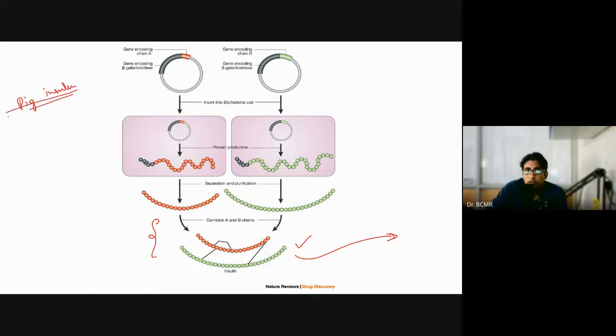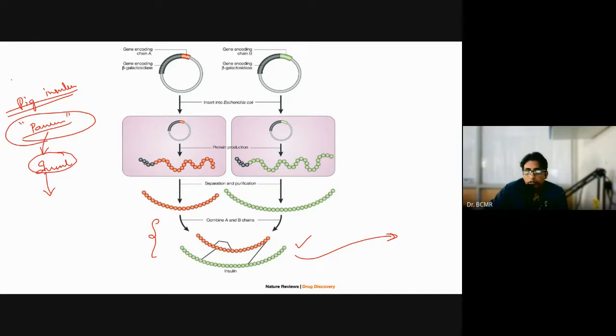They would get a lot of pancreas from the slaughterhouses of pigs, isolate insulin from there, and then give it to the patient. That was in the very olden days, at the beginning when people were trying to treat it. But imagine, so many pigs had to be slaughtered, or basically used for the pork and meat industry, and from so many pancreas, we would only get very little of it.